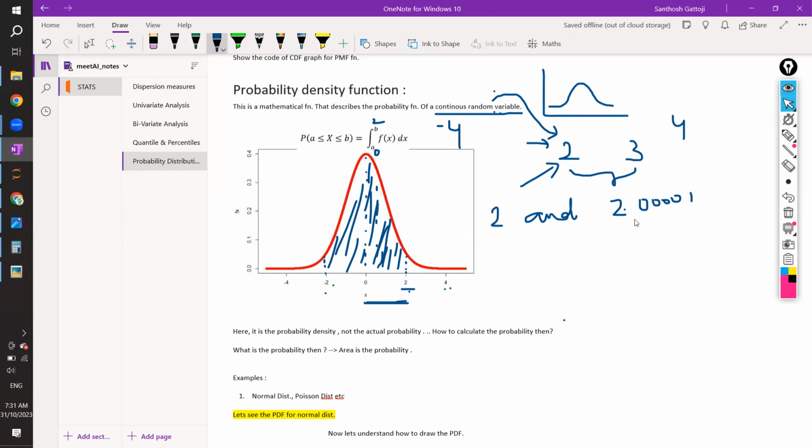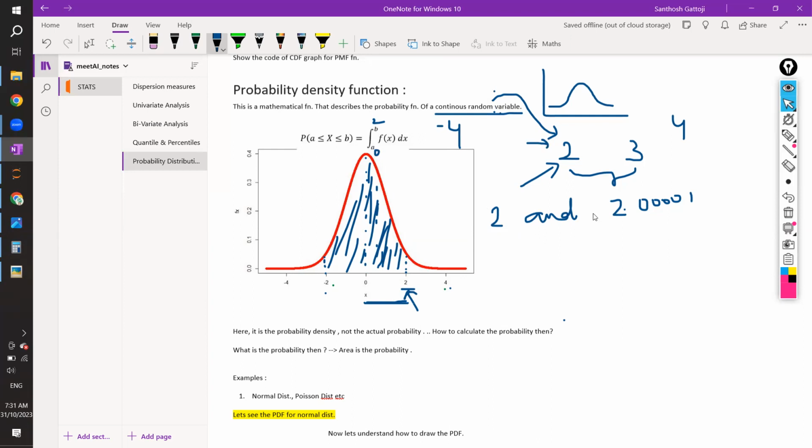To calculate the area, you need a range. To do the integration, you need a range, a lower value and an upper value. But if you're trying to check for only one particular value, you don't want the range, but still you can use this formula by creating a range. This is artificial, we are creating it, but this works.